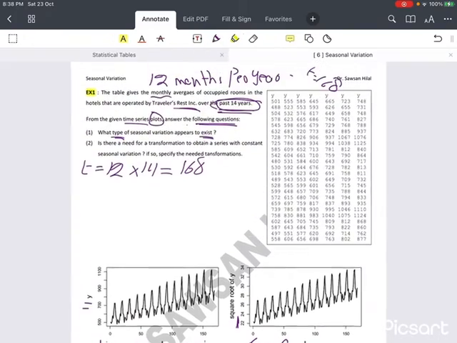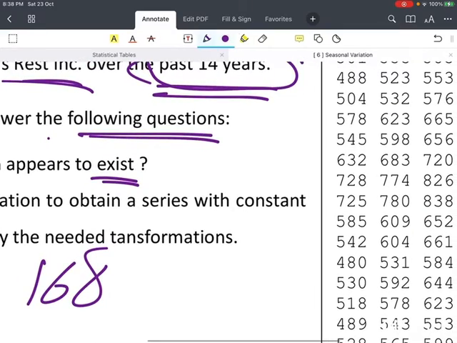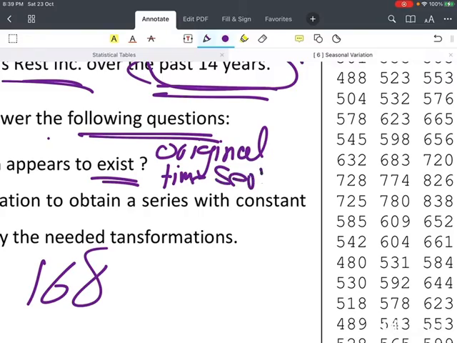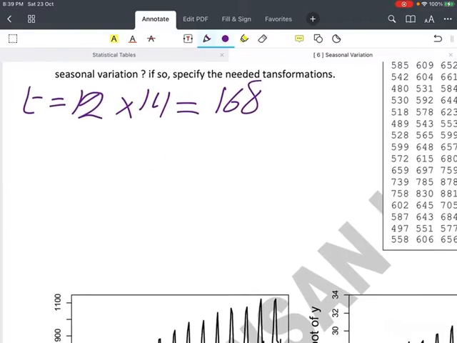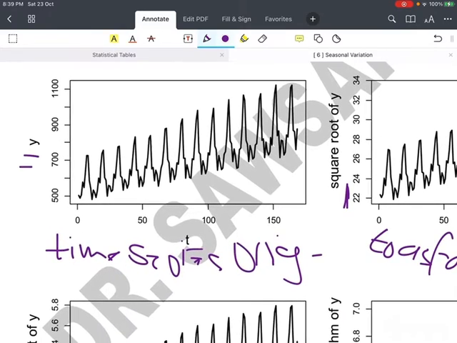So if you need to check the type of the seasonal variation, you will go for the original time series. When I want to check the type of seasonal variation, it is very important to return to the original time series. This way I will identify the type of the time series. If I go to the transformed ones, I will not identify its type.